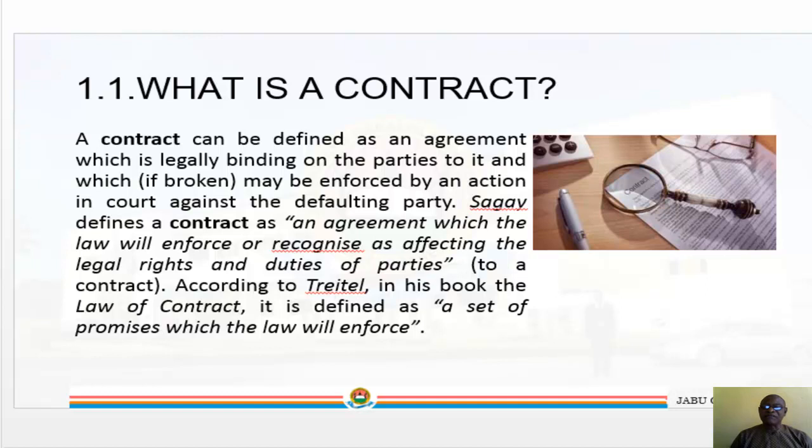Professor Sage defines a contract as an agreement which the law will enforce or recognize as affecting the legal rights and duties of parties to that contract. According to Treitel, in his book, The Law of Contract, a contract is defined as a set of promises which the law will enforce.